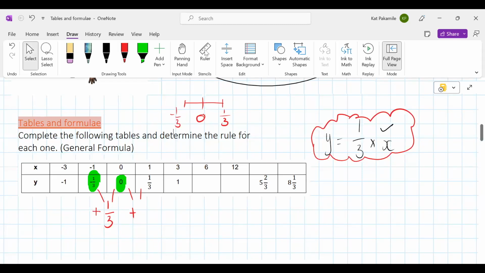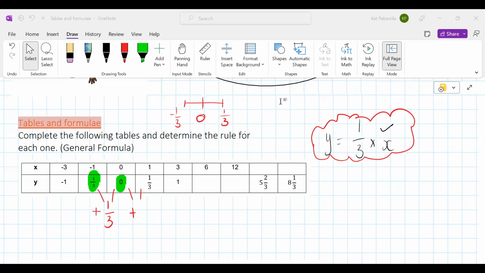Think carefully. Check in the chat. They're helping. How do you get from 0 to 2? How much do you add? Add 2.